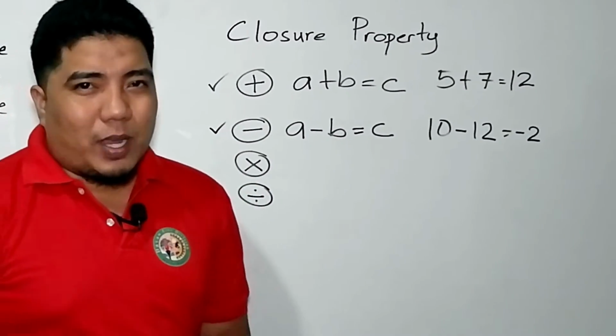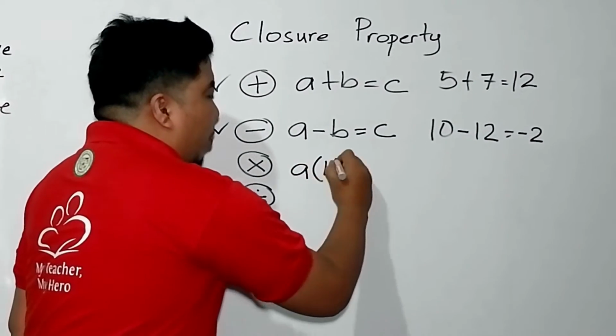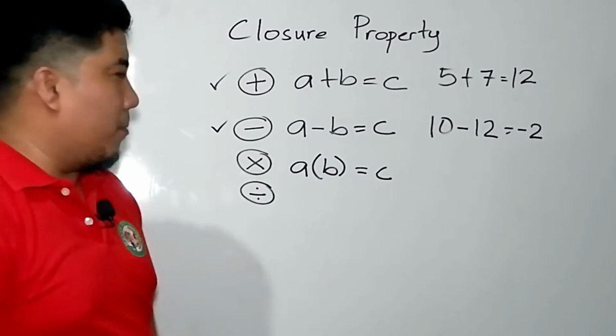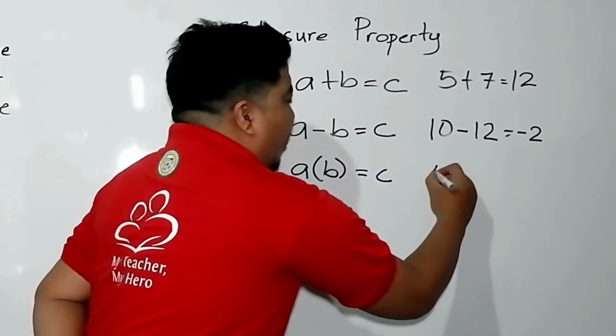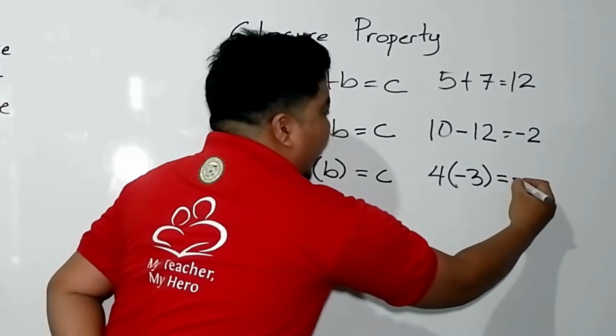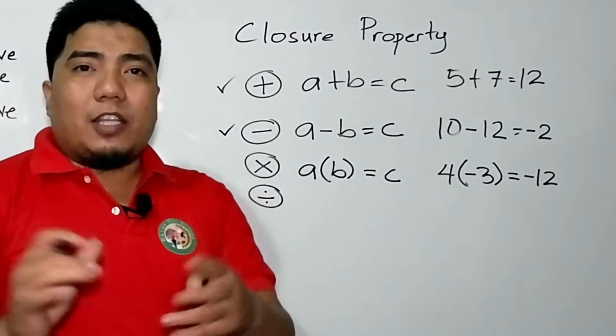Now, let us try multiplication. If we multiply A and B and they are both integers, then the answer is still an integer. Let's try. What if we have 4 times negative 3? The answer is negative 12. 4 and negative 3 are integers.